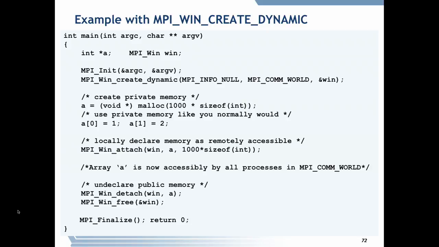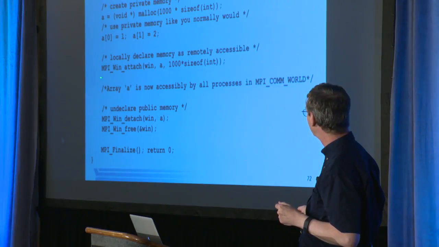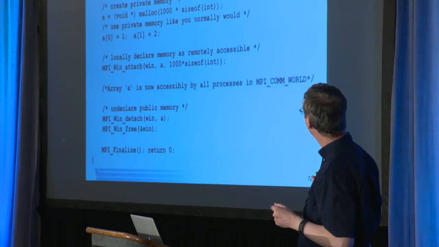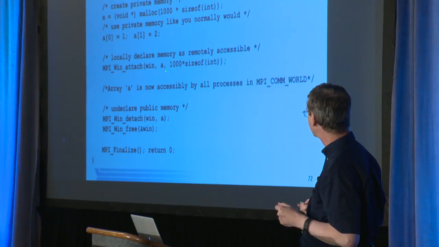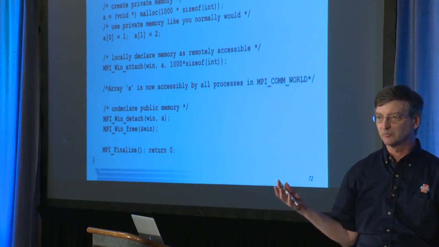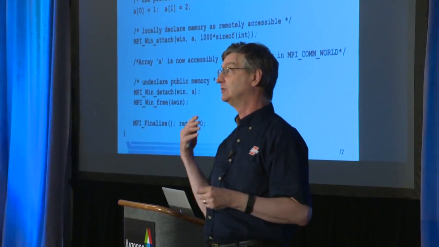So there's no memory associated with it yet, but to mimic the same sort of creation that I've done in the other two, here I would do a equals malloc of 1,000 size of int, and then I can use MPI_Win_attach, which takes as input a window that was created with create dynamic, and I pass it the pointer and the size. And now other processes, if they knew about it, could do puts and gets to it.